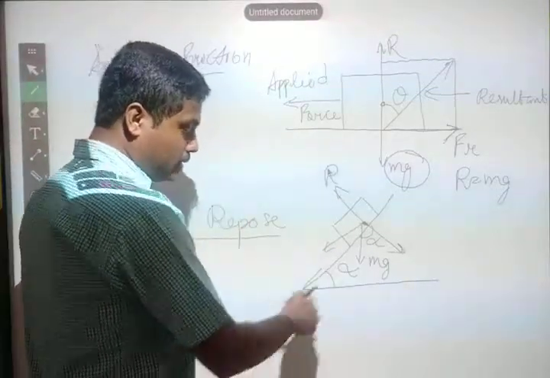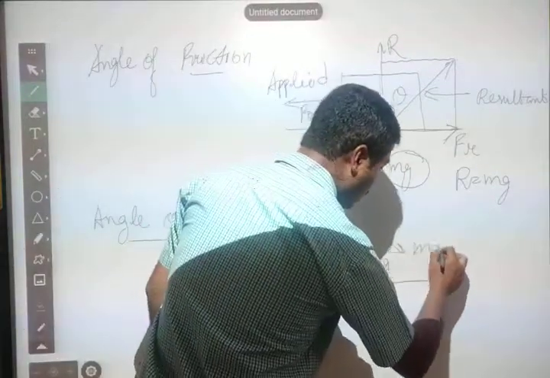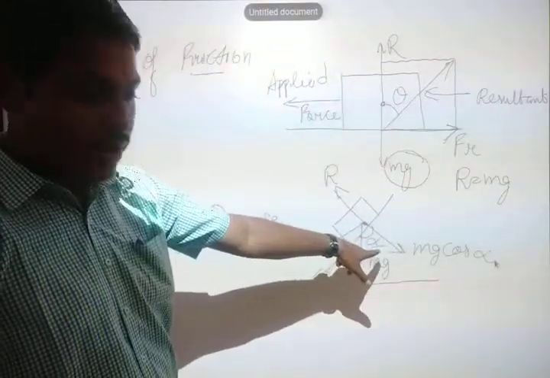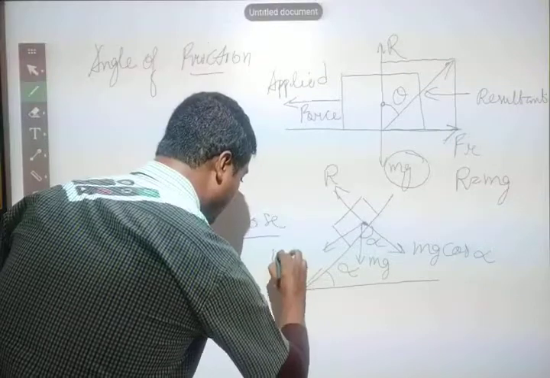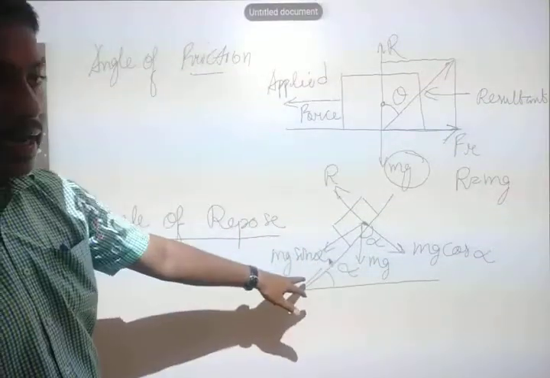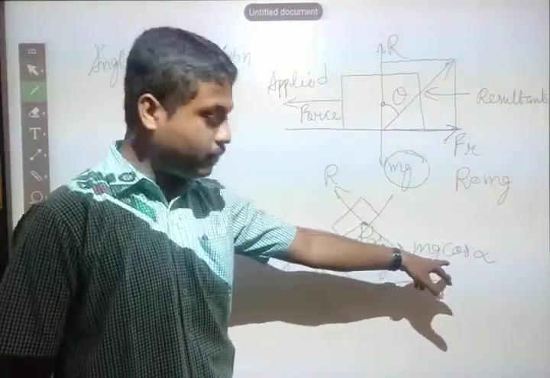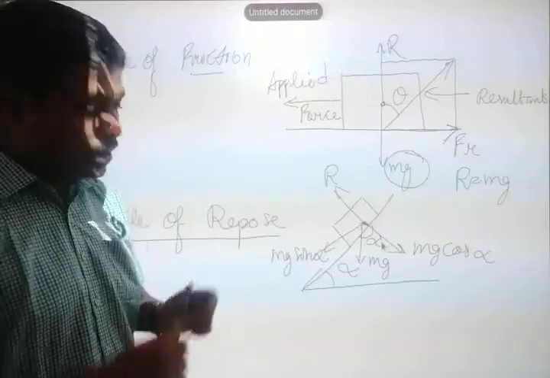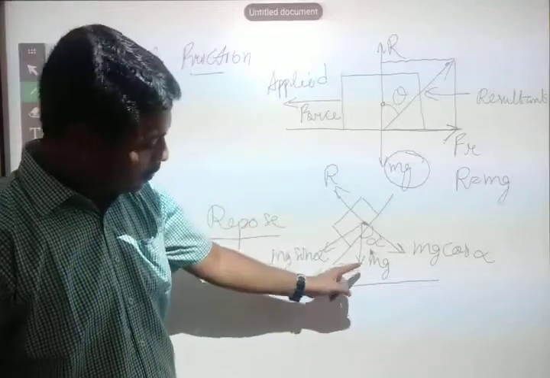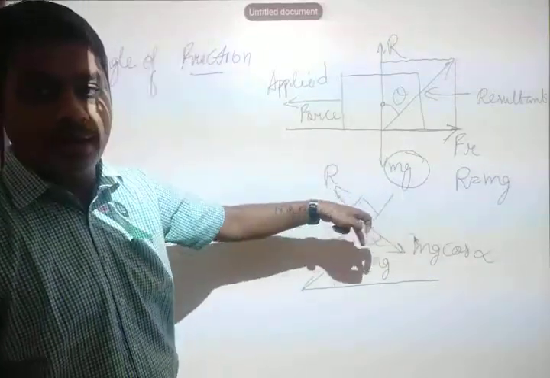Now I resolve this mg into two components: mg sin alpha, along the plane, and mg cos alpha, perpendicular to the plane. Which is your angle of repose? The angle alpha drawn here, between the weight mg and its component, is called the angle of repose.